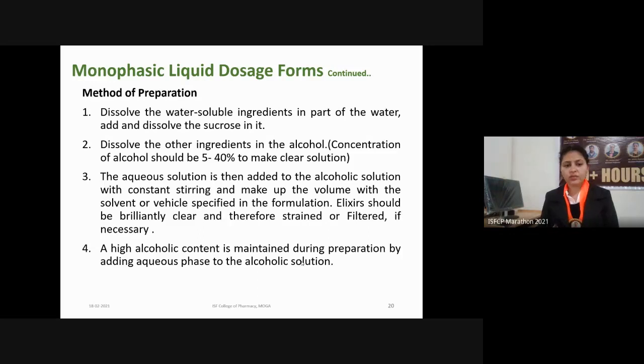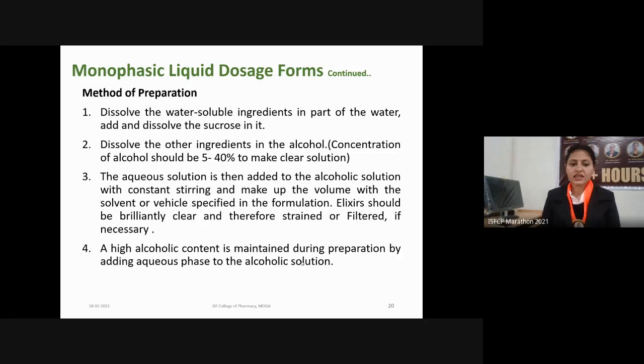It means we are going to prepare this elixir in two parts and then mix those two parts together. One part is your water part, where we dissolve all the ingredients that are soluble in water, and the ingredients which are soluble in alcohol are dissolved in the alcohol. The concentration of the alcohol should be around 5 to 40%, and this is to make a clear solution.